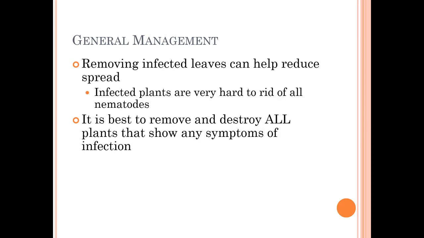So general management, you want to remove infected leaves that can help reduce the spread, but once a plant has nematodes, it's very hard to get rid of. It's best to remove and destroy all plants that show any symptoms of infection.